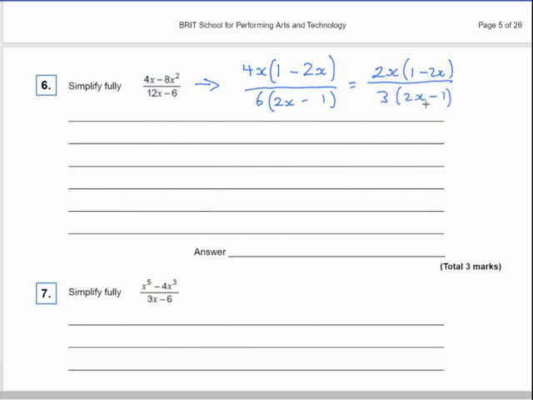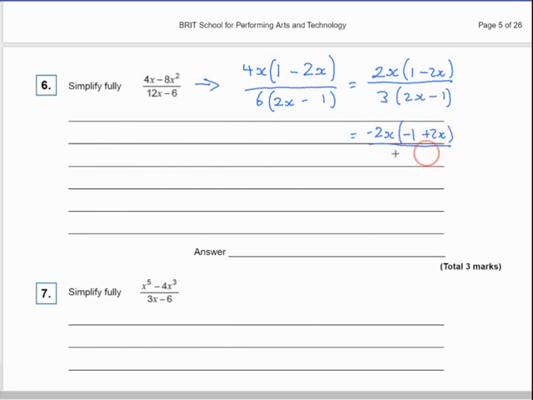Okay, another thing that's quite interesting is 1 minus 2x and 2x minus 1, there's something going on there. What I can do is this. If I were to take -1 out as a factor from the top, I'd get -2x, and then 1 divided by -1 gives you -1, and then -2x divided by -1 gives you +2x.